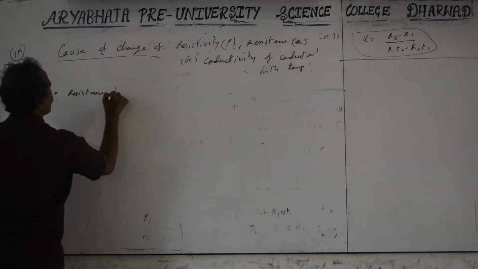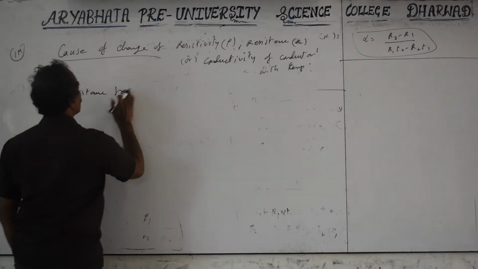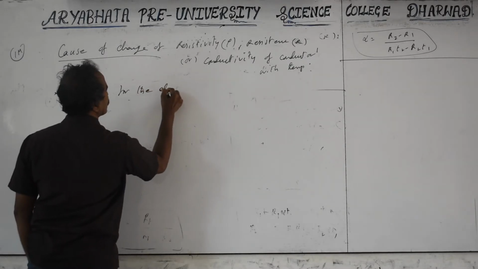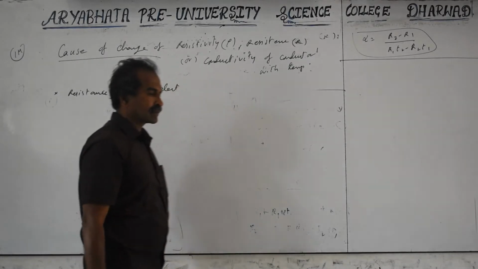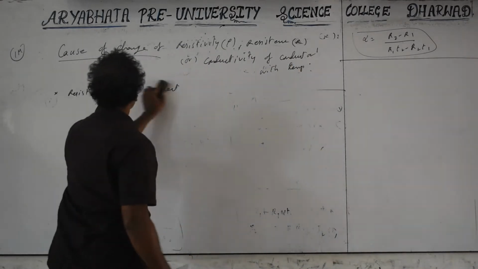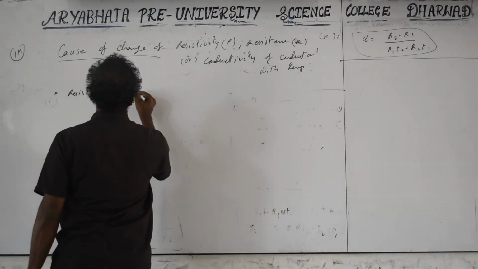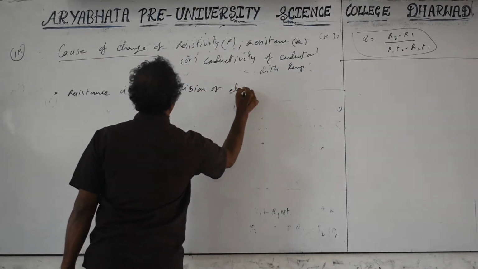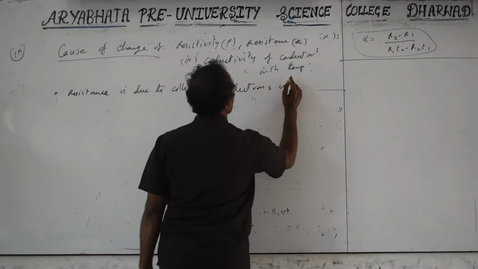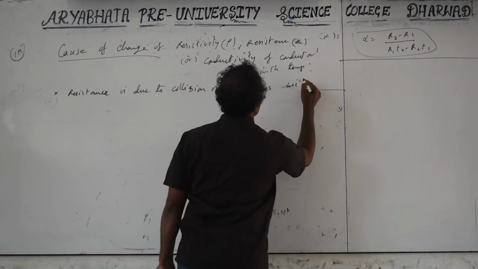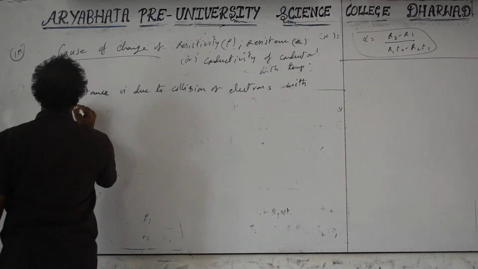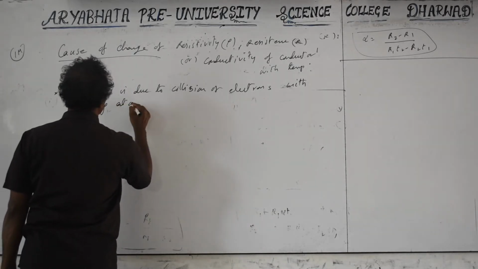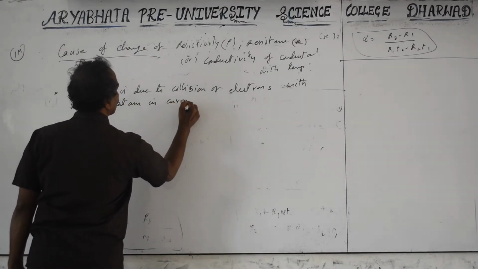Resistance is due to collision of electrons with vibrating atoms in a current carrying conductor.